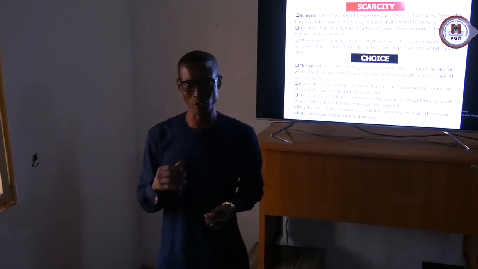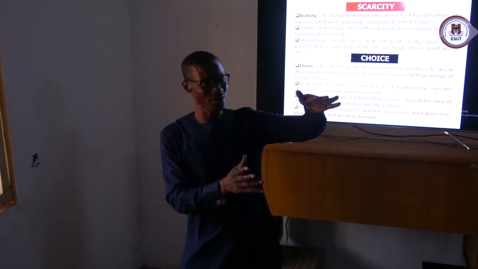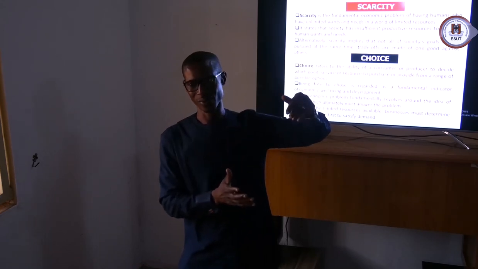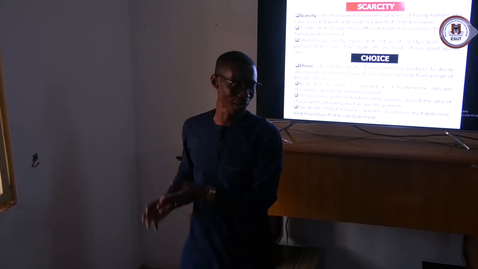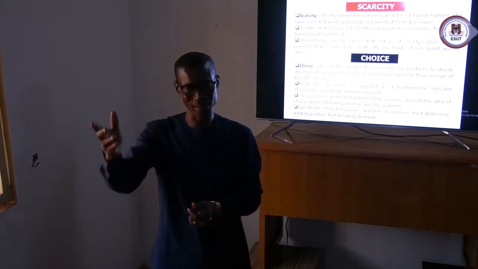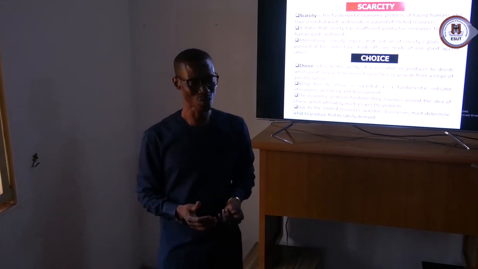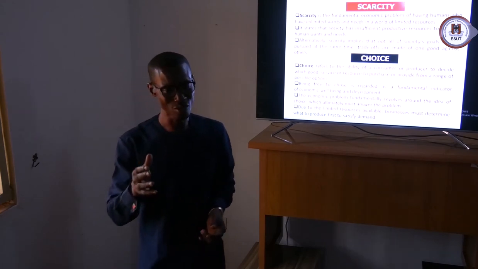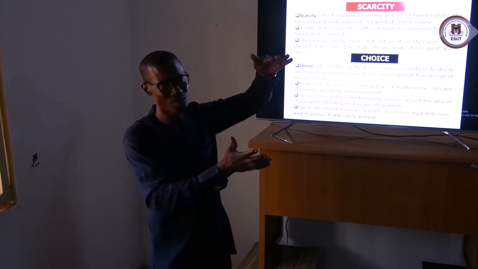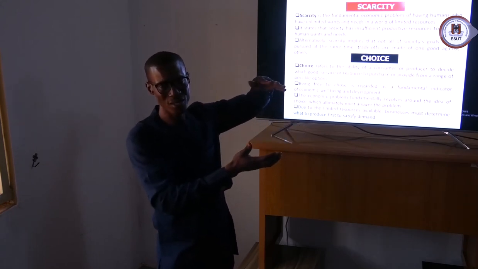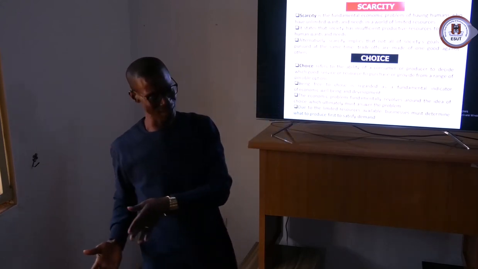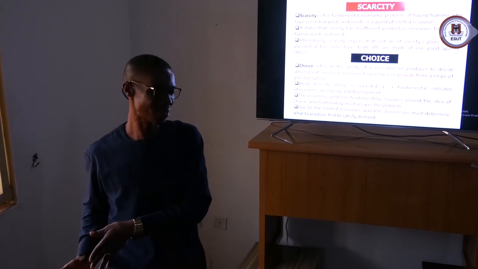And for you to make choice, you arrange your choice in a preference scale, because the financial muscle you have may not be able to command all the resources. So you need to make choice on a scale so that you get the most needed ones against those less needed ones.